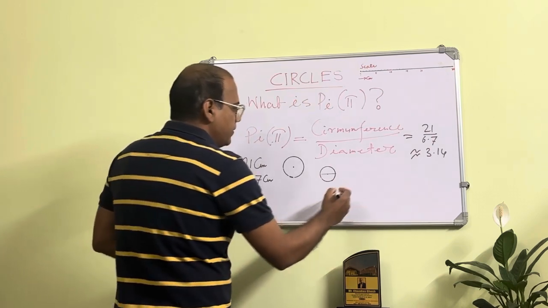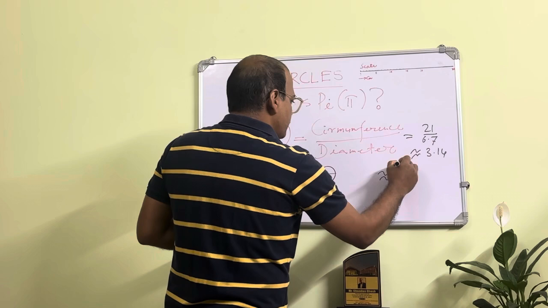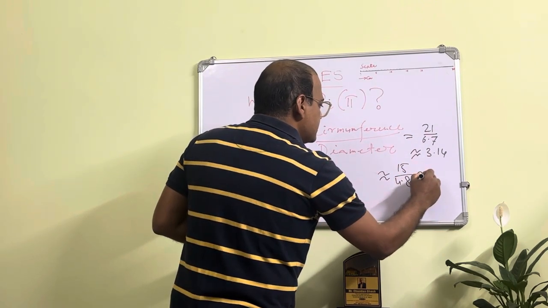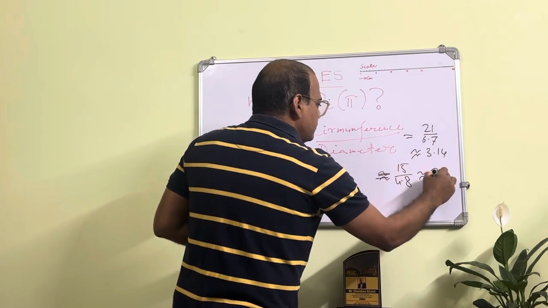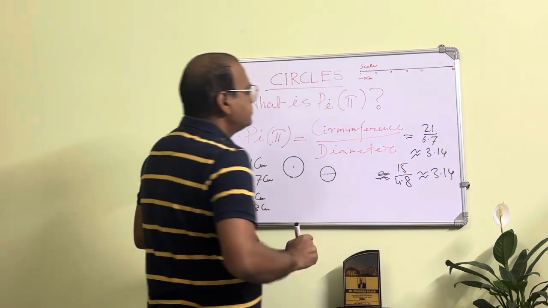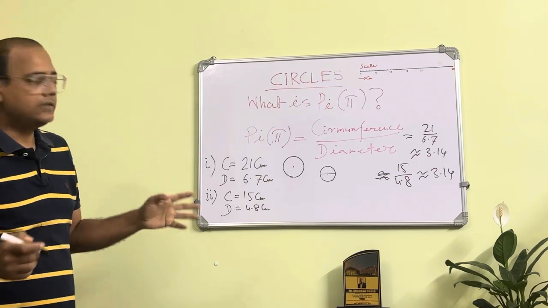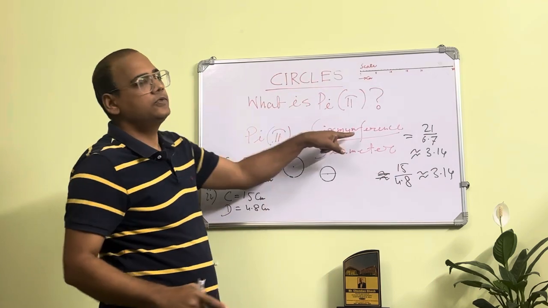If you take a ratio again, it will become 15 by 4.8, which is near about 3.14. So what we can conclude is that regardless of the size of the circle, this ratio remains unchanged.